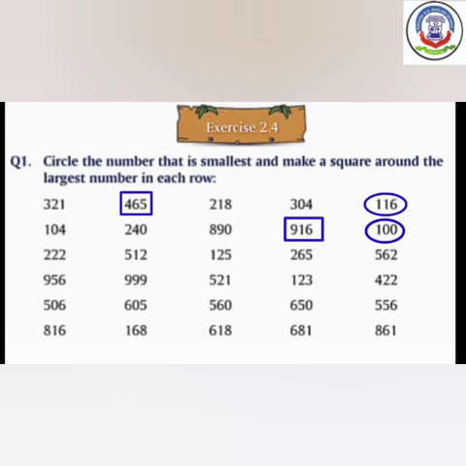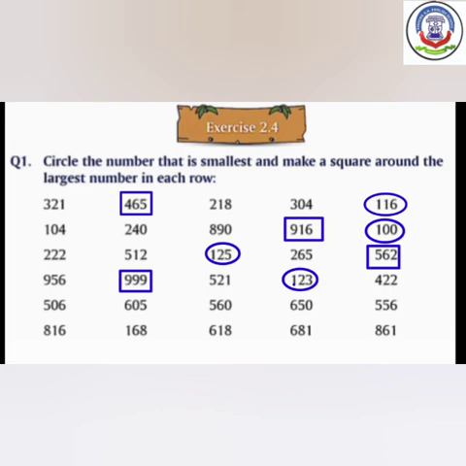So we will circle it, and the largest number is 562. So we will make a square around 562. Next, the smallest number is 123. So we will circle it, and the largest number is 999. So we will make a square around the 999.